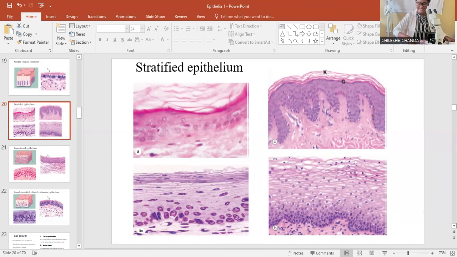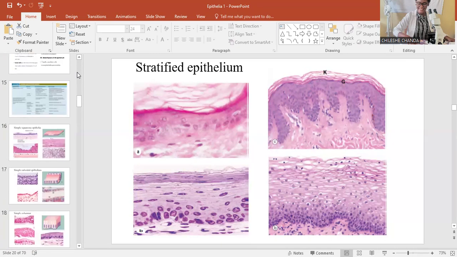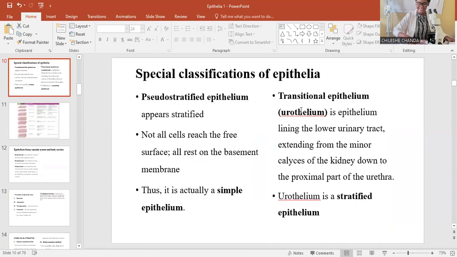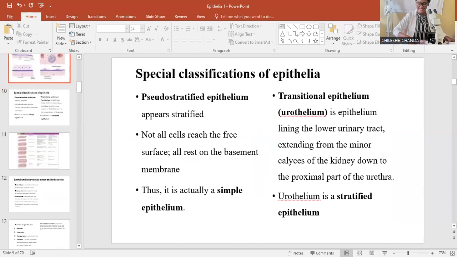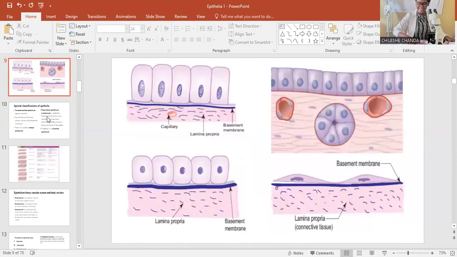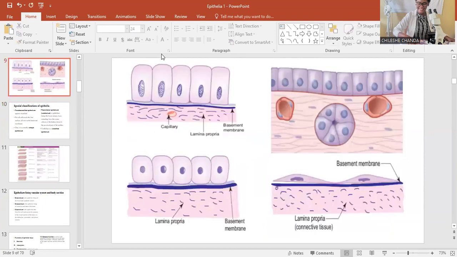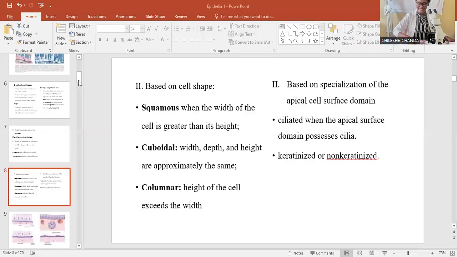We have looked at classification of epithelium according to the surface modifications, including cilia.